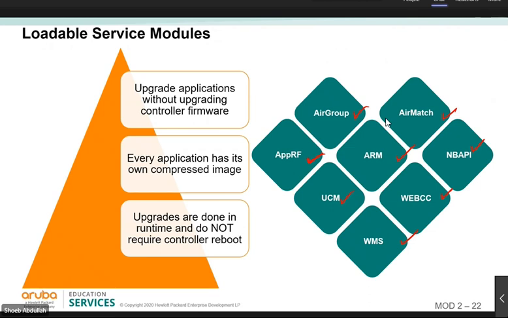Like that, all of these are different applications, a few of which we'll be discussing throughout this course, and others we'll be discussing in the advanced course. These applications are purposefully designed to help us with certain feature sets, and run on top of your mobility master. Your mobility master is built on the Linux kernel. On top of that, you've got the Aruba operating system, which is your mobility master. And on top of that, you've got these different loadable service modules, different applications which run on top of it.